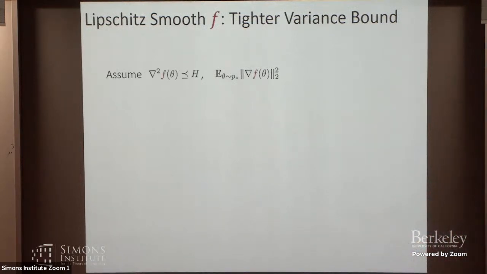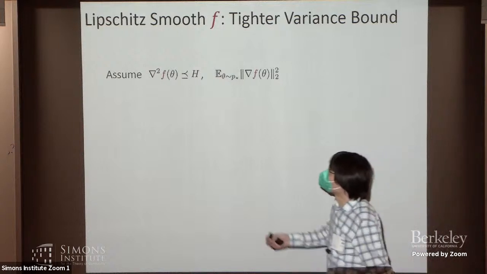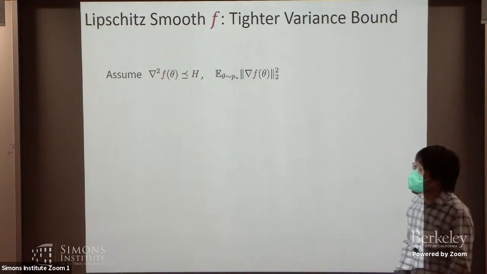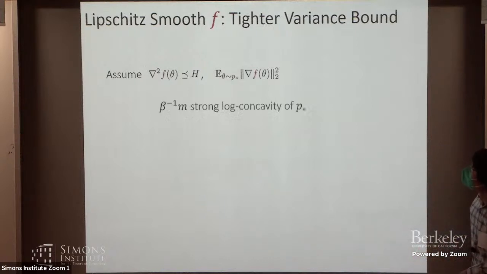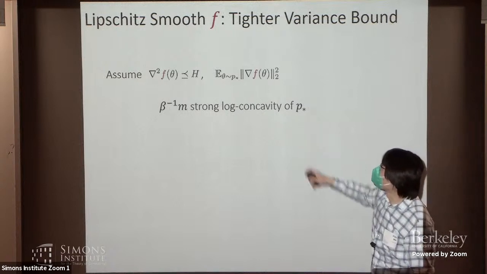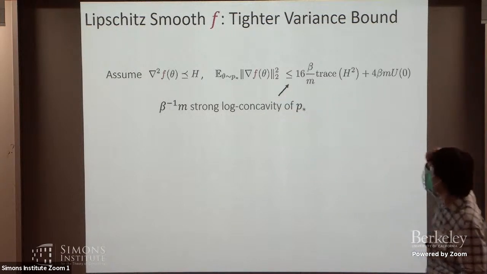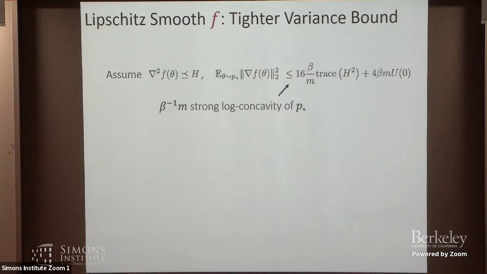So assume that the Hessian of this empirical risk is upper bounded by a matrix. Then the strong log concavity of P star would imply that this term is upper bounded by the trace of this Hessian upper bound squared.